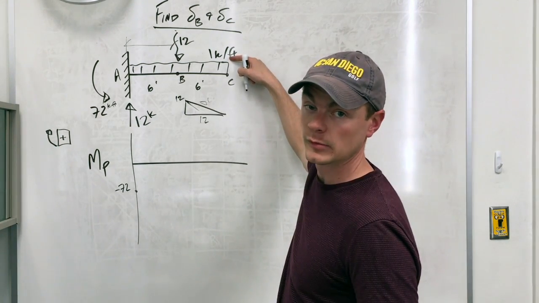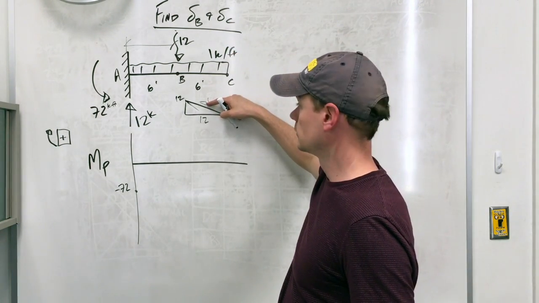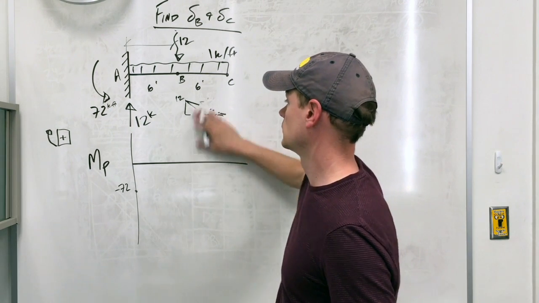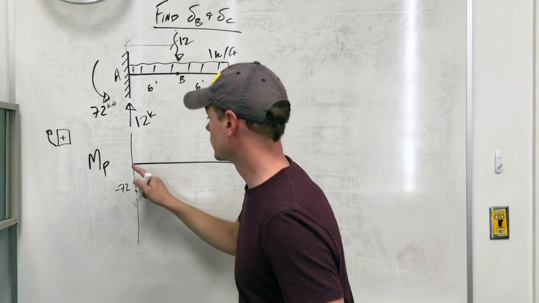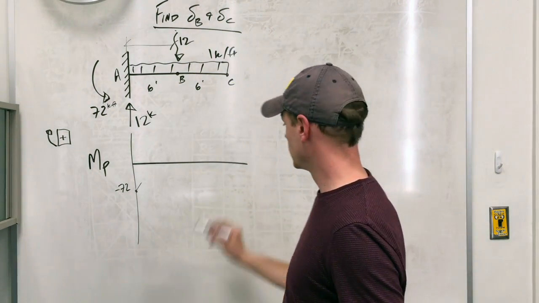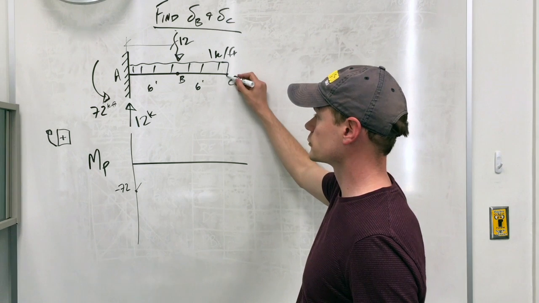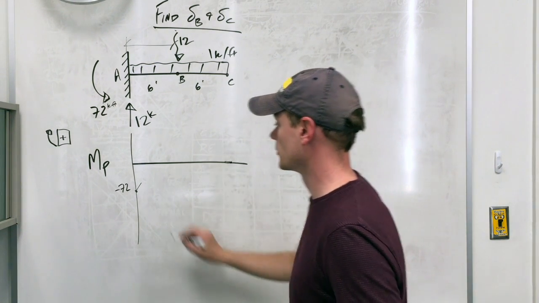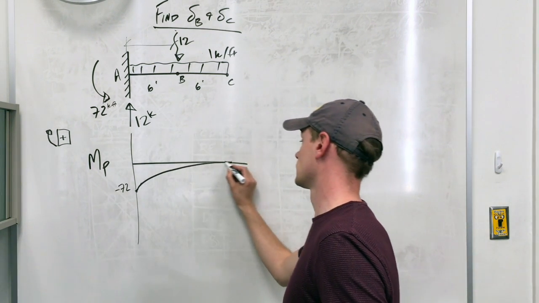We already know that from the loading. Remember, the loading equals the slope. This is the shear. So I have a positive value of shear, which means I have a positive slope. And then over here, I have 0 shear, so I have 0 slope. So I have a shape like this.